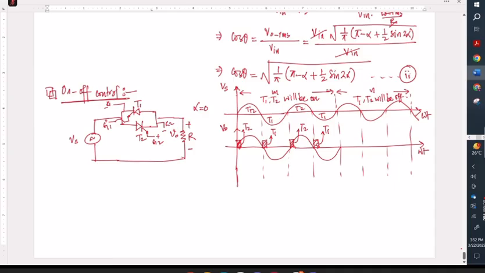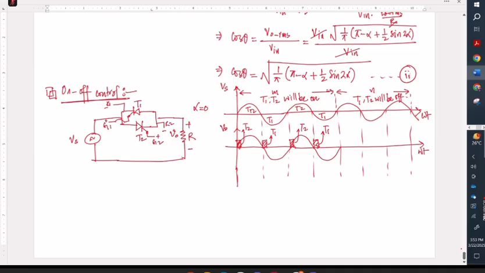So if you combine them together, your average value would be 0, right? Sir, another reason. Sir, here we have considered an even number of lambda by 2. That is why we are getting 0. But if we had an odd number of lambda by 2, in that case it will not be 0. Yes, it will not be 0.